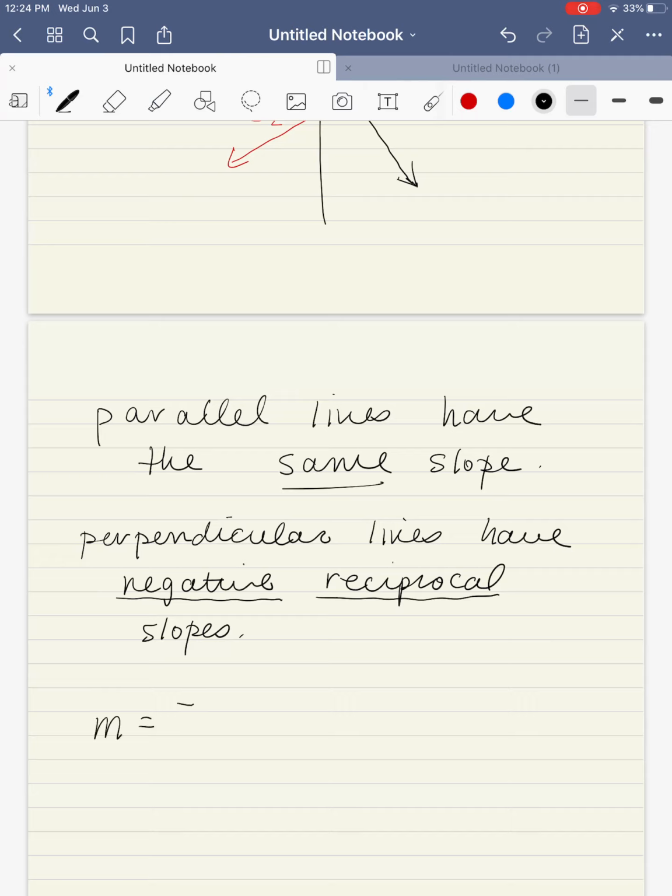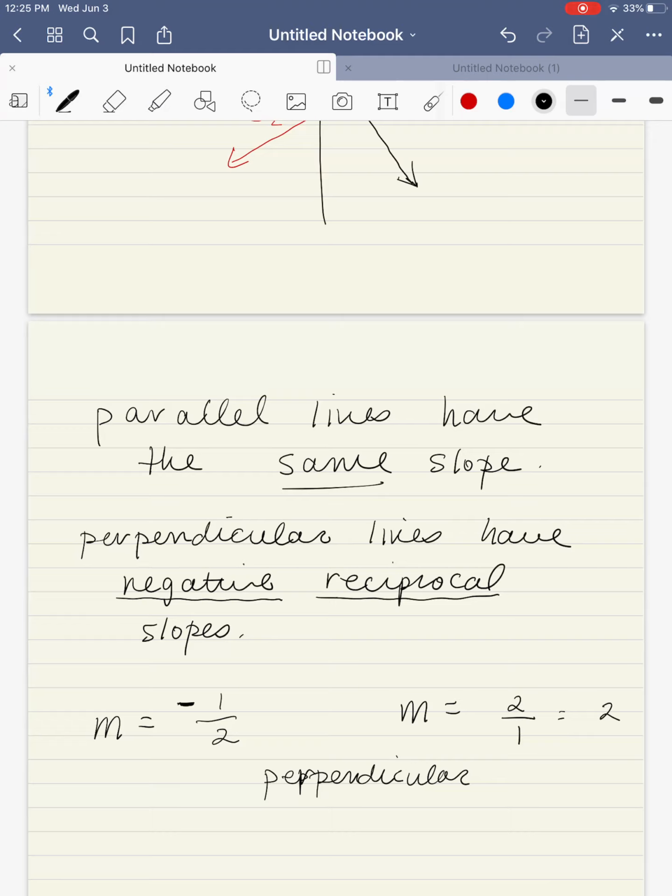Now watch out for this word negative. If I have a slope that is -1/2, and I want to find the slope of a line that is perpendicular to that, I'm going to flip the fraction over, which gives me 2 over 1, which is just 2.